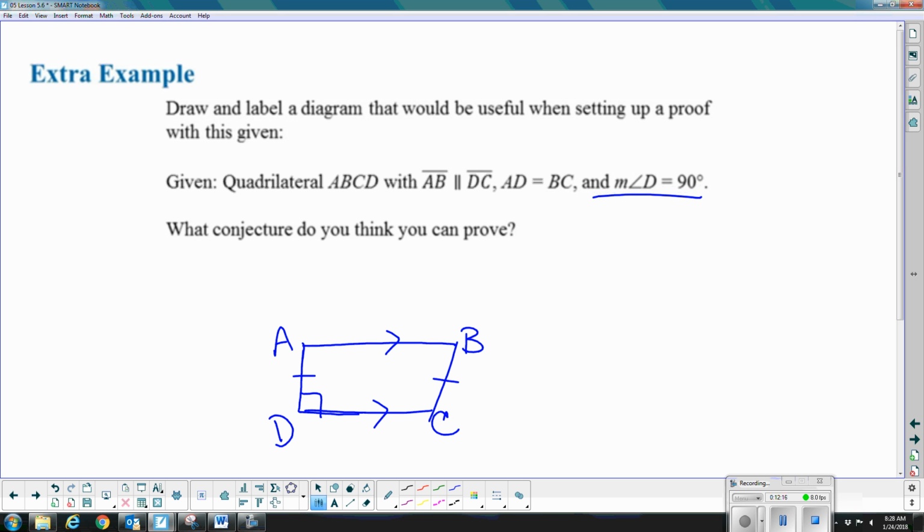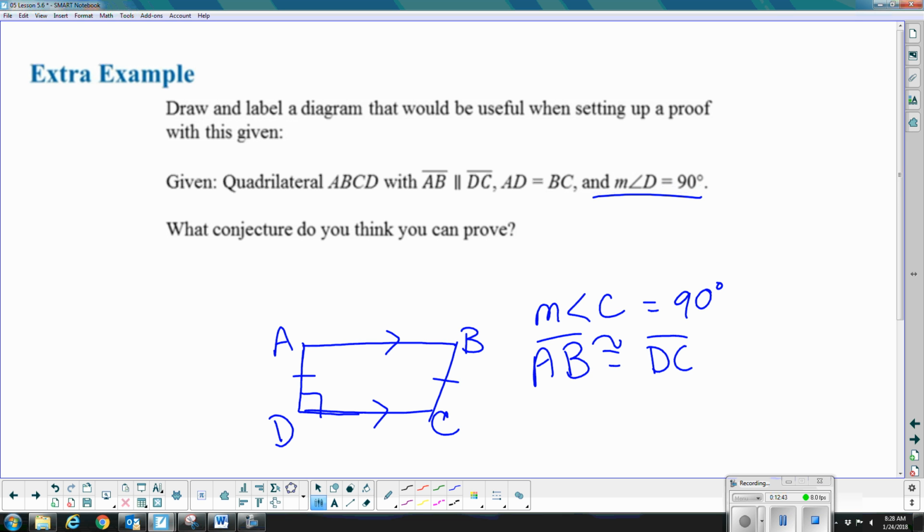So then the question is, what conjecture do you think you can prove? Well, you can probably try to prove a number of things. First of all, maybe that angle C equals 90 degrees. You might try to prove that AB is congruent to DC.